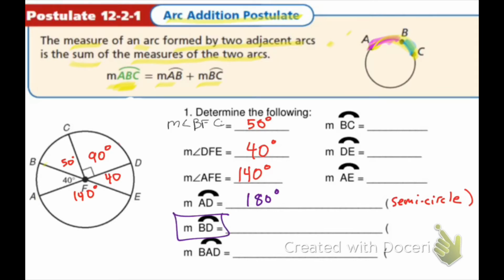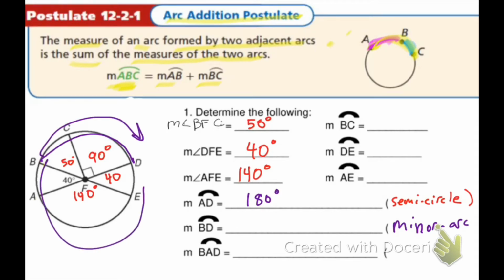Let's look at arc BD, going from B to D. Now that's using two letters, so that's going to be a minor arc, which means I have to go this direction, and I want to go the longer direction, longer way.